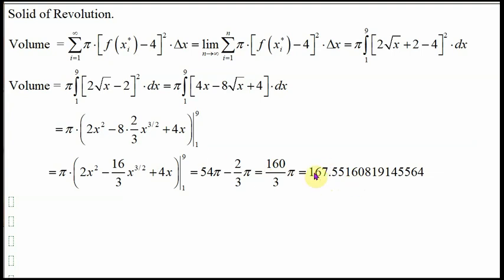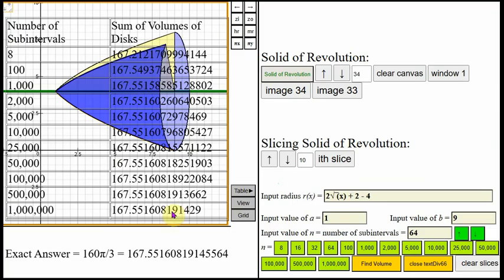And if we compare this number with the 1 million slices, we see that they're very, very close to each other. So here's 1 million slices, and we get 167.5516. And so the exact answer for the volume of this solid of revolution is 160 pi over 3.